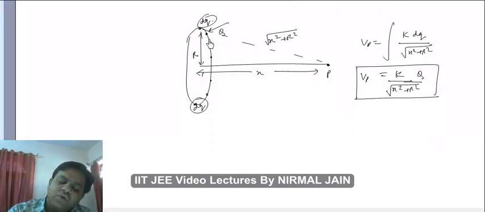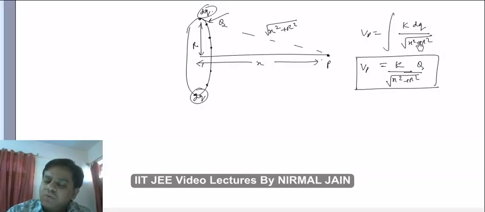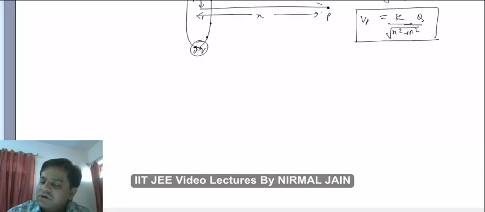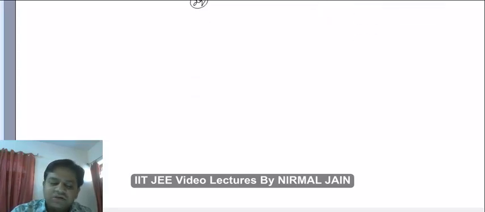You can here see that all the dq charges are at distance root of x square plus r square. So all potentials get simply added up because potential is a scalar quantity. So we need not consider the direction of potential because it's a scalar quantity. So it gets simply added up algebraically.